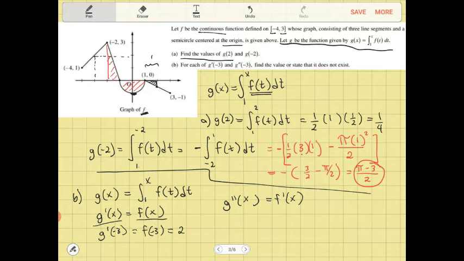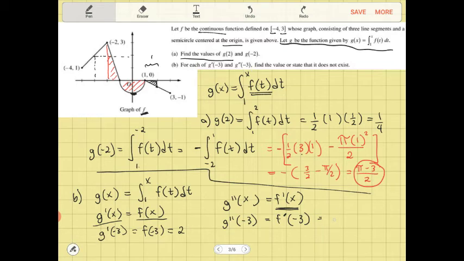So, how do we get f prime at -3? Because that's what we want. I keep saying 3. I meant negative 3. Alright. I'm going to stop that. What is the derivative of f at negative 3? Well, the derivative of a function means its slope, or the slope of the tangent. Lucky for us, this is a straight line, so we can get that slope very easily.